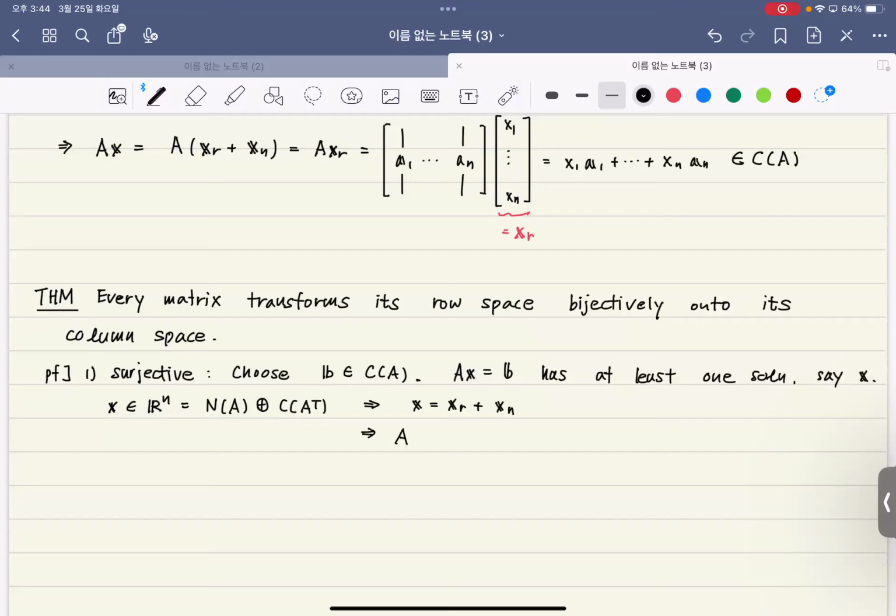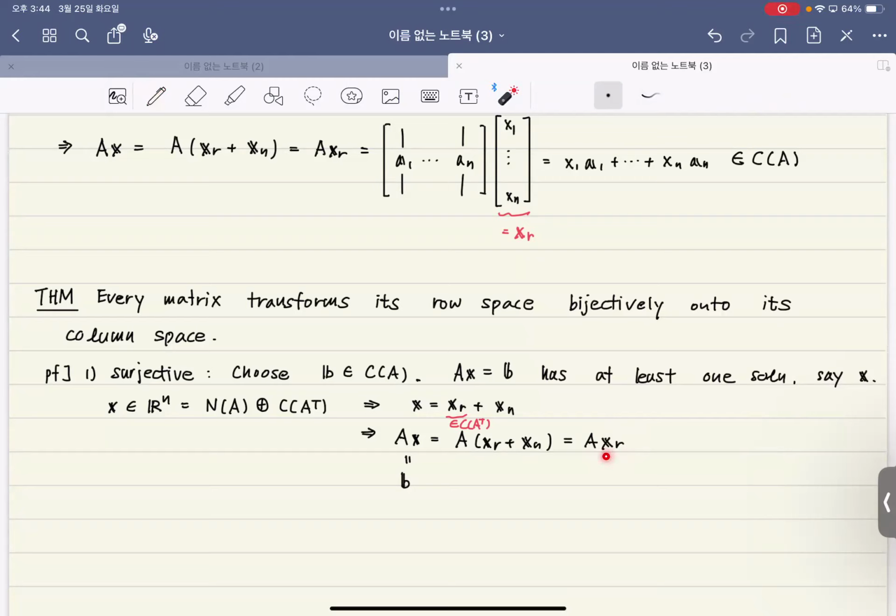Now, Ax was the solution of the system, so this is b, but at the same time, this is A times x_r, and I need to emphasize that x_r is from the row space.